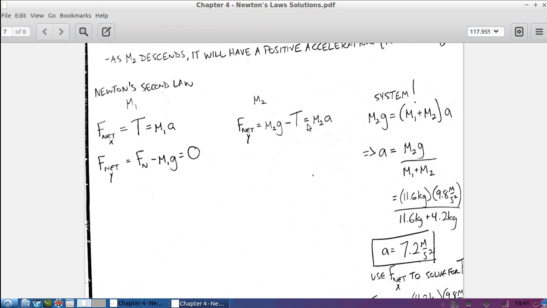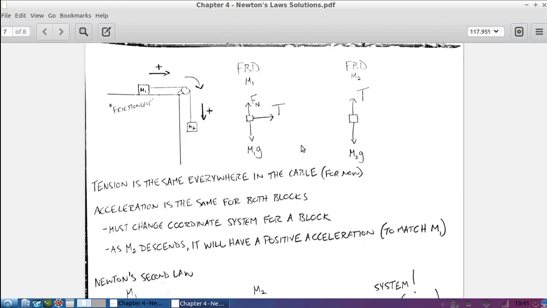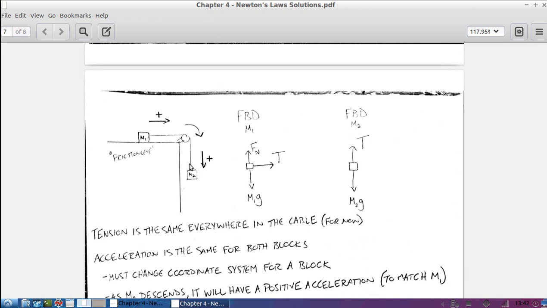In these last two problems, I'm going to show you a little trick that helps me avoid solving multiple equations. If both of them have the same acceleration and the tension is the same everywhere, they're both going to move in this direction. M1's going to move to the right, M2's going to move down. So I'm going to put my little system bubble, drawing a box around M1 and M2.